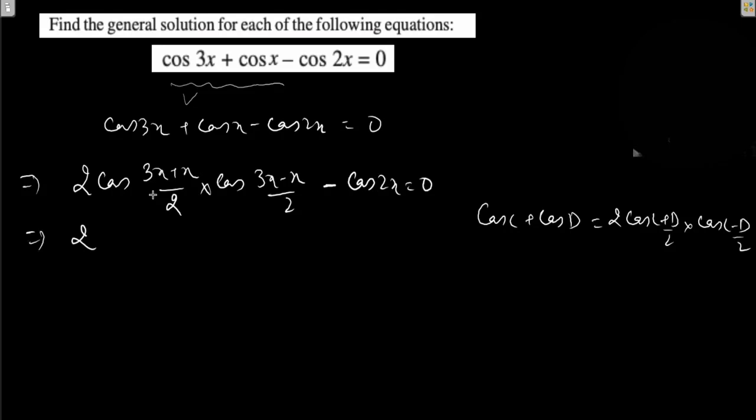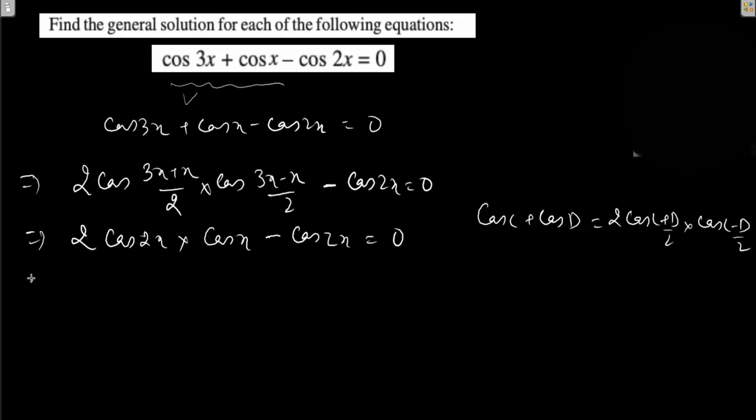Now 2 cos of (3x plus x) by 2 will become 4x by 2, which will become 2x, cos of 2x, and this is (3x minus x) by 2, which will become 2x by 2, which will be cos of x. Alright, so this is cos of x, and then I'll have cos of 2x as well.